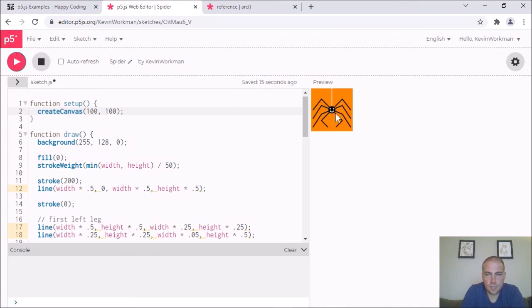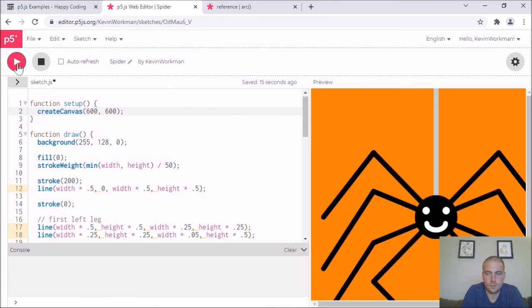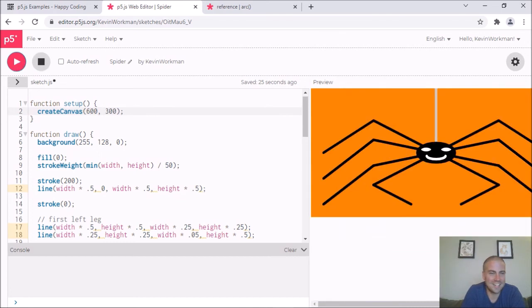It's pretty cute. I like that. Let's make it really big. Cool. Yeah, kind of. I don't know if smushing it actually makes much sense, but that's okay.